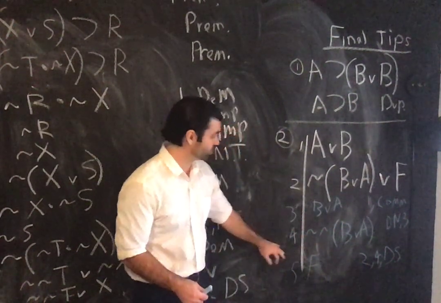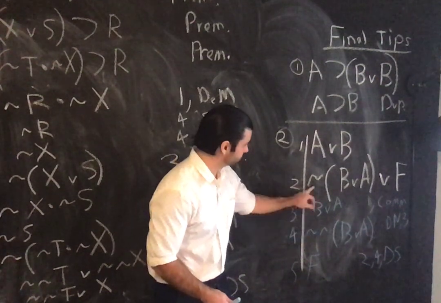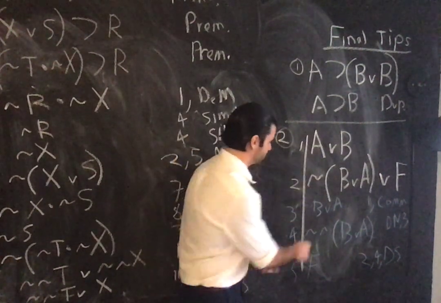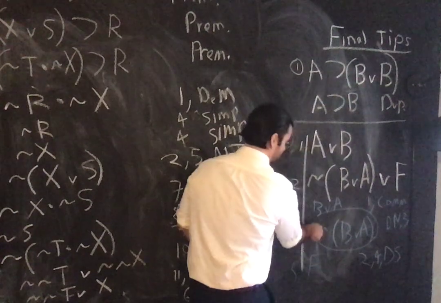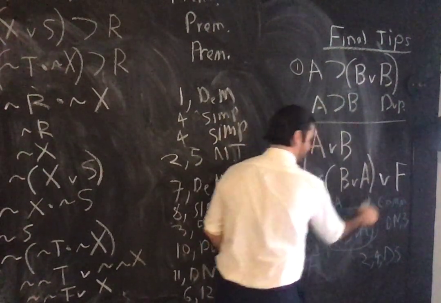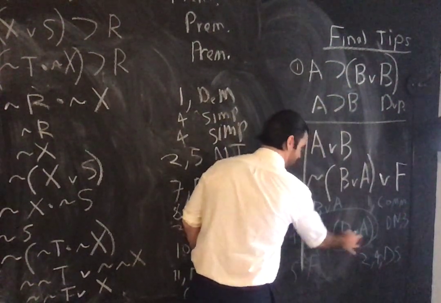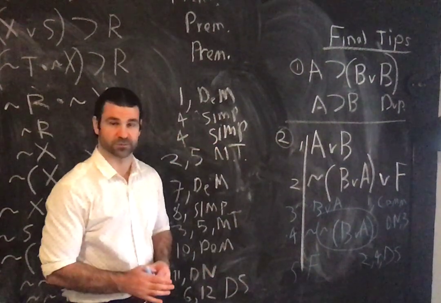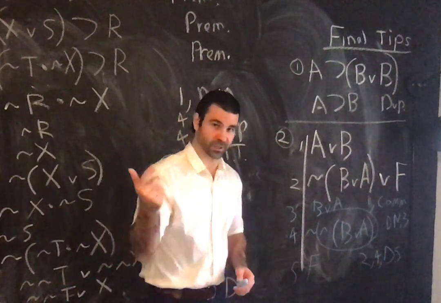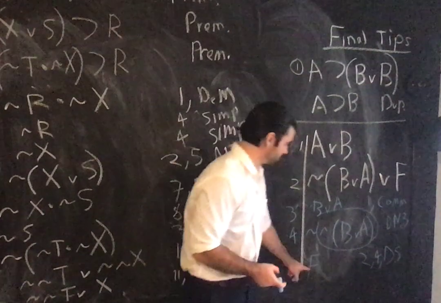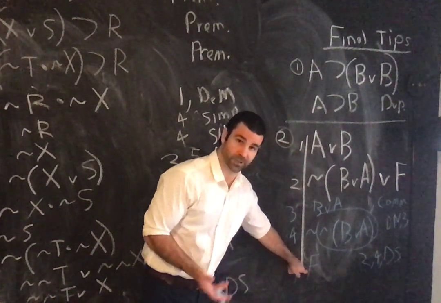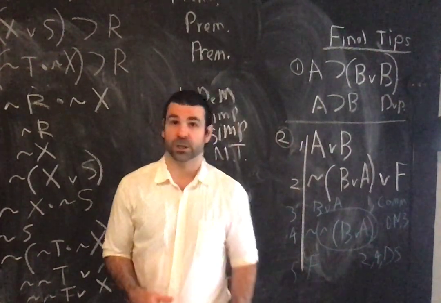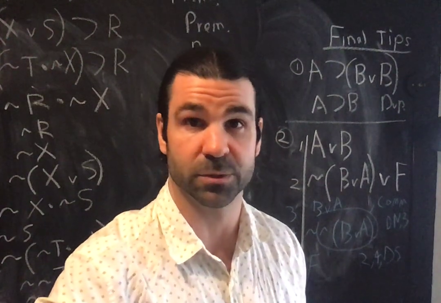So be familiar with that move. You can double negate that. And then this, of course, is the negation of that, right? So this is your P or Q, and you've got not P. So you've got the form of a disjunctive syllogism, you've got a disjunction and the negation of one of the disjuncts, so you can apply a disjunctive syllogism to infer the other disjunct. All right? Good luck for the exam, and we'll see you back here on YouTube.